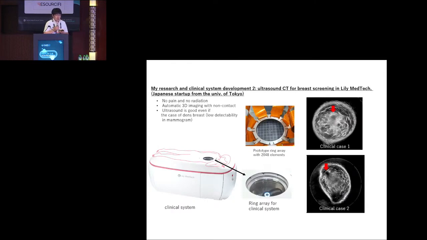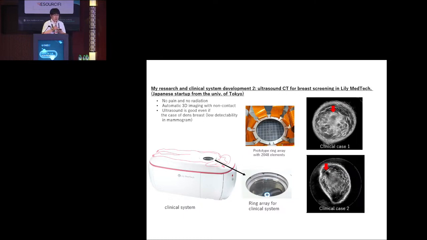In this slide, we are developing a breast screening system in a startup company, Lily MedTech in Japan. This company was founded 7 years ago, and there are many problems in breast screening. This system solves all problems in breast screening. In the left panel, people lie in a prone position on the surface of the device, and each breast is inserted in the imaging area.